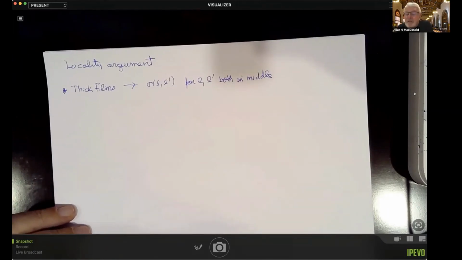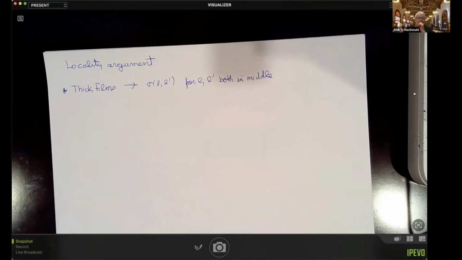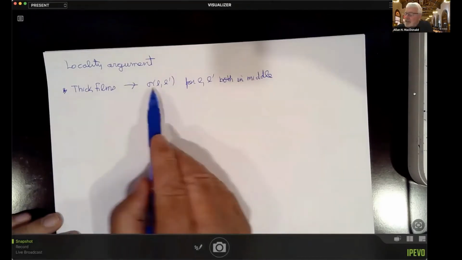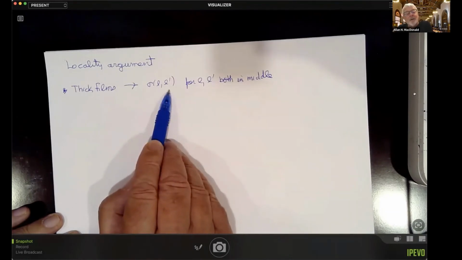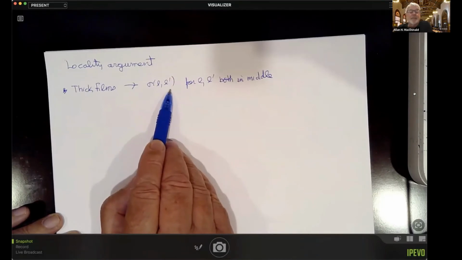In other words, time reversal symmetry is broken at the surface, and with some non-localization length that depends on microscopic details and may even be large, this sidewall conductivity is non-zero only for L and L prime close to top and close to bottom in some sense.